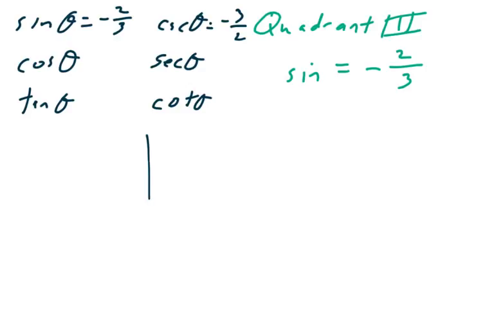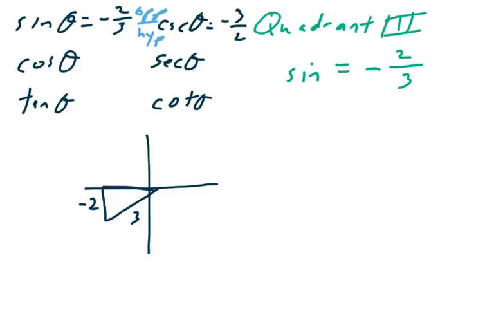And so I'm going to draw my picture, quadrant 3, part of my triangle is on the x-axis, then I go down, and then I go back to the origin. And since we have the sine is -2/3, that's the opposite over the hypotenuse.